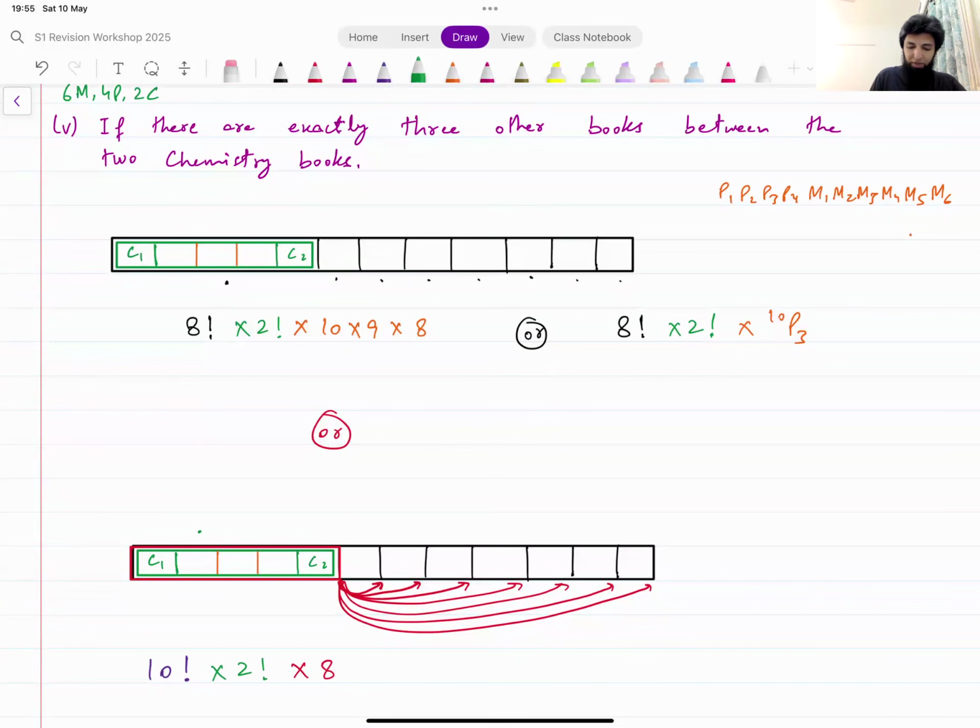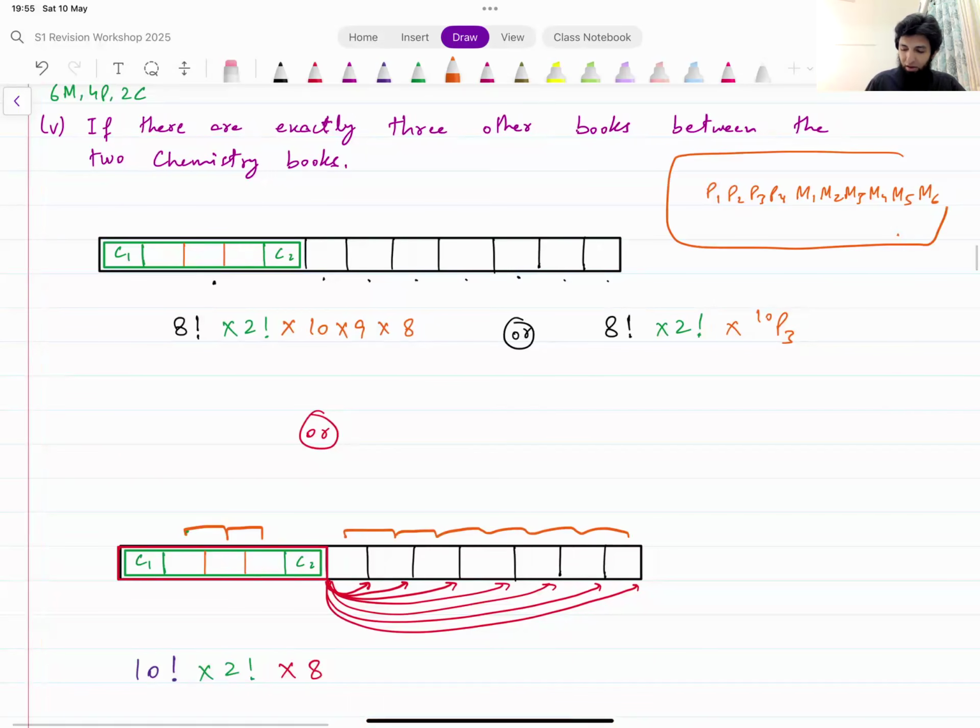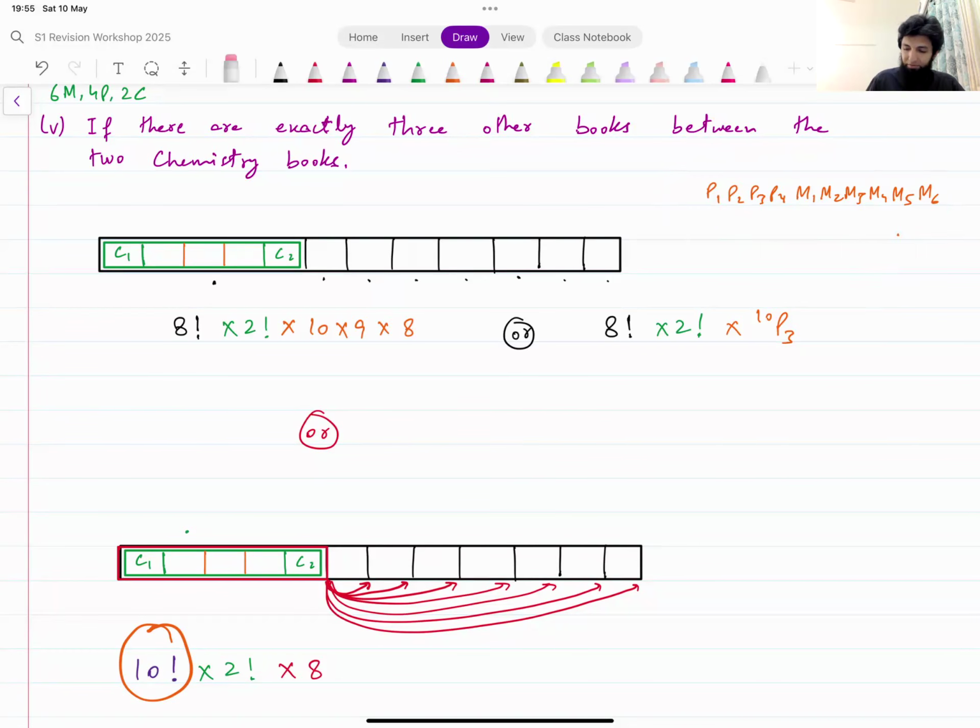So how many objects do we have? 1, 2, 3, 4, 5, 6, 7, 8, 9, 10. 10 places for these 10 objects. 10 places, 10 objects. And how many ways can we do that? 10 factorial. So for those 10 books, we can just do 10 factorial.